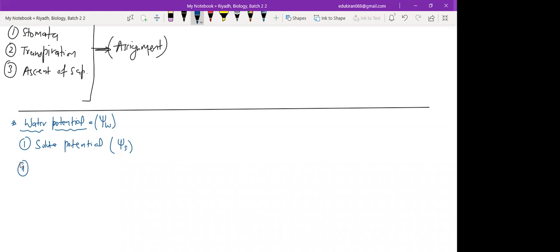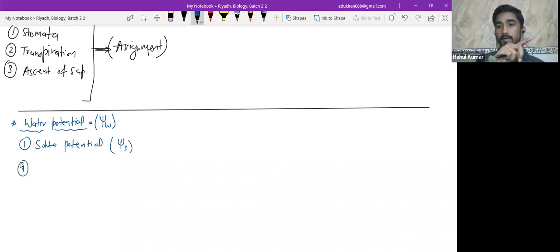So we had to apply opposite pressure, opposite to the flow of osmosis, which can stop the osmosis, correct? So the other thing that can affect water potential is pressure potential. Like what is the pressure in that vessel or in that system, which is called psi P.